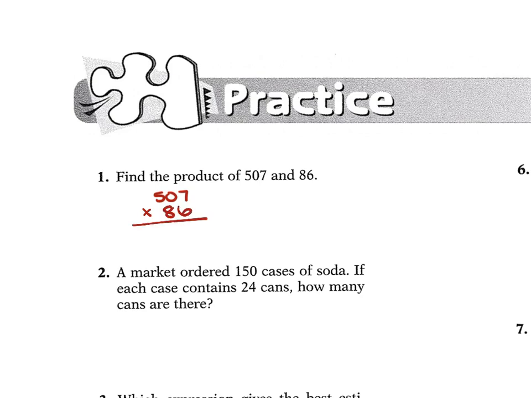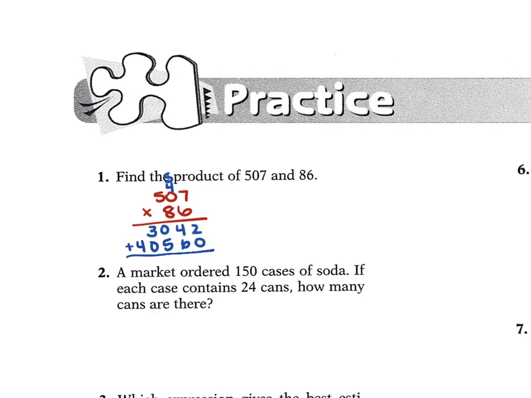So 6 times 7 is 42. 6 times 0 plus 4 is 4. 6 times 5 is 30. Add your 0 since you're moving to the 8. 8 times 7 is 56. Carry the 5. 8 times 0 plus 5 is 5. 8 times 5 is 40.